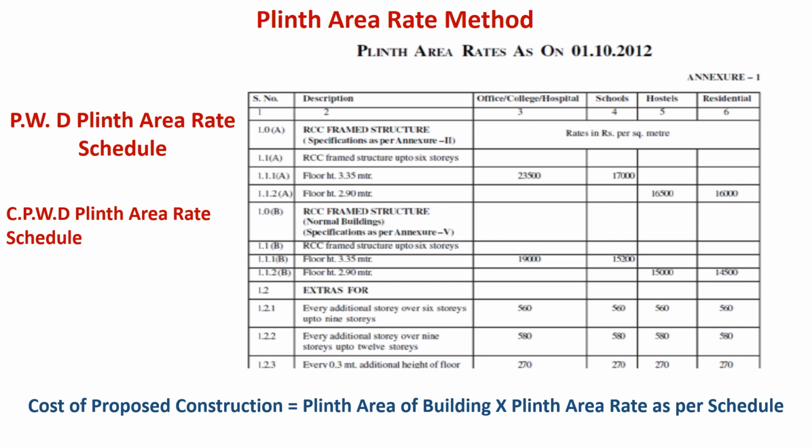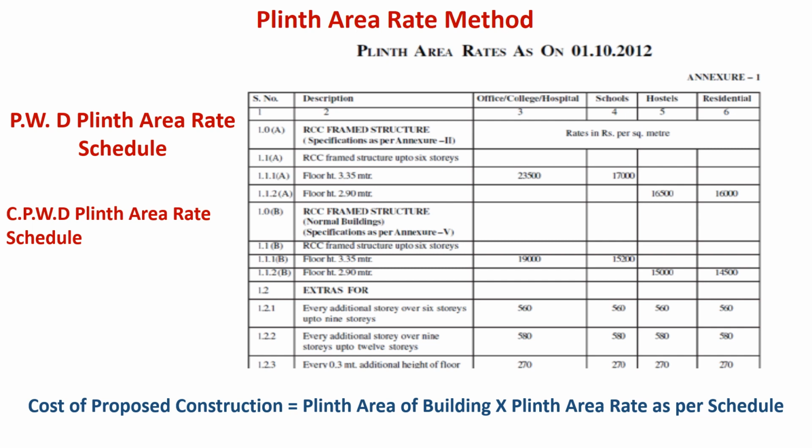Here you can see we can get the plinth area rate in two ways. The first one is the PWD plinth area rate schedule, which is totally dependent upon the local body, that is state-wise PWD, or you can go for the centralized body, that is CPWD, plinth area rate schedule. Here you can see the CPWD plinth area rate schedule, annexure 1, which is a sample for 2012.